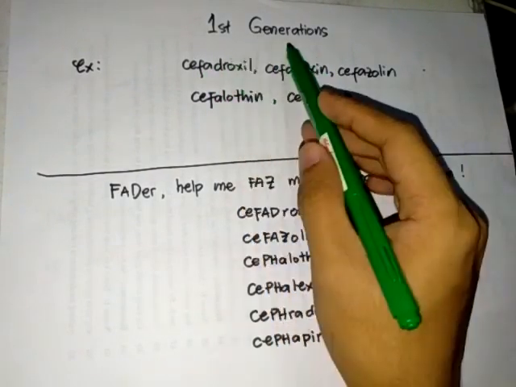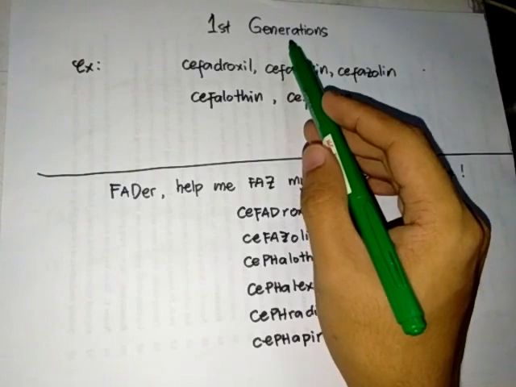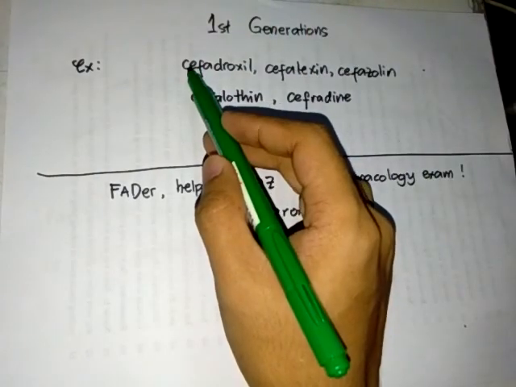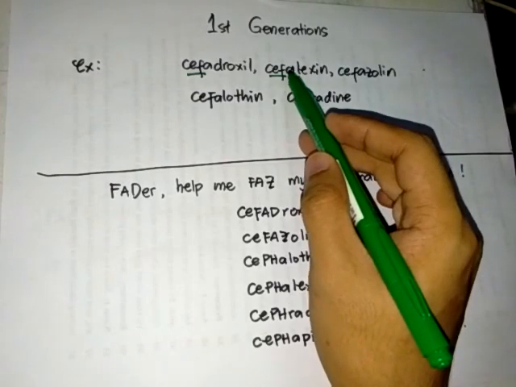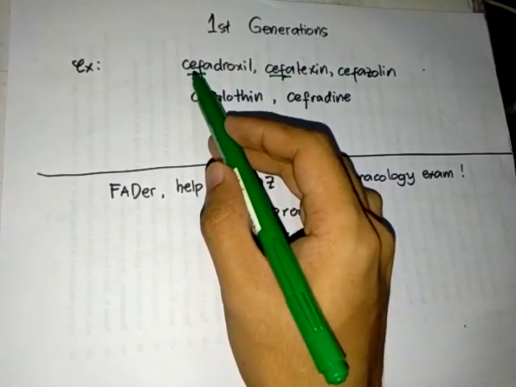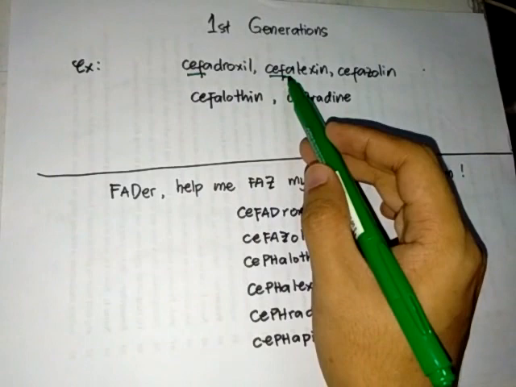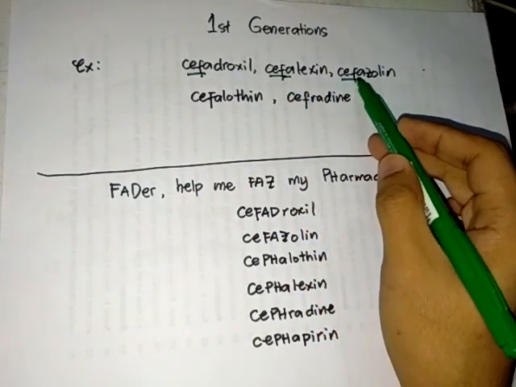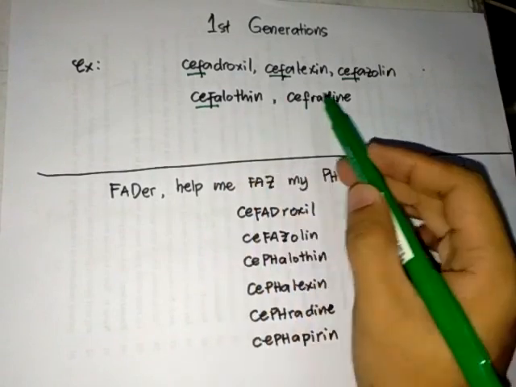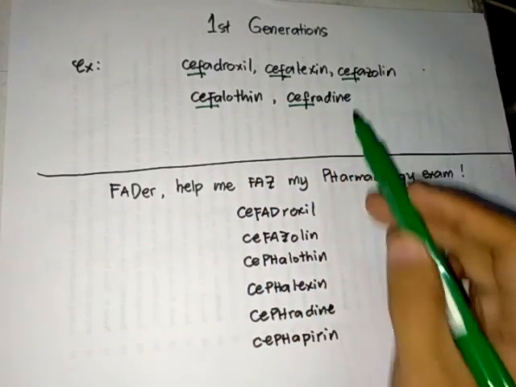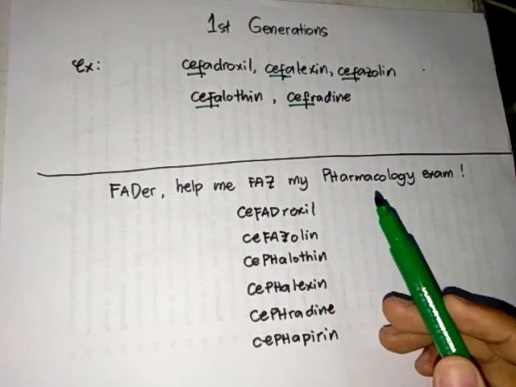Again, these are some examples of your first generation cephalosporin. Example, your Cefadroxil, Cephalexin, Cefazolin, Cephalothin, Cephradine.